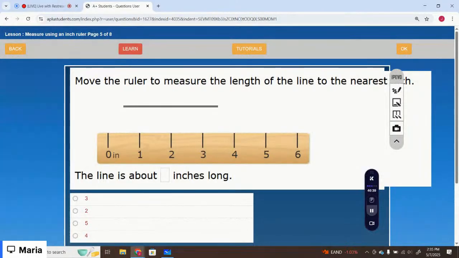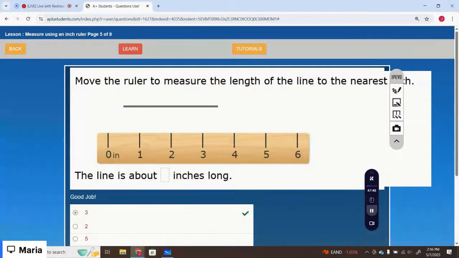Use the ruler to measure the length of the line. The correct option is 3 inches long.